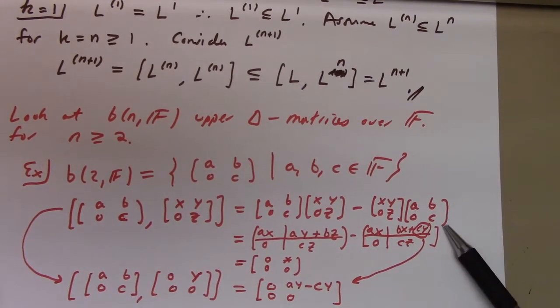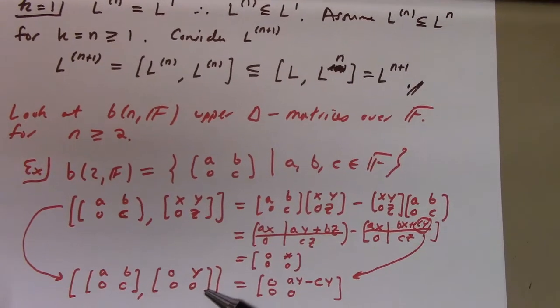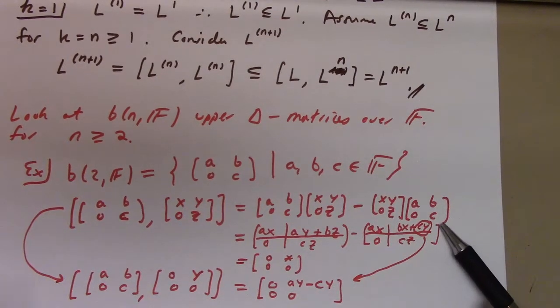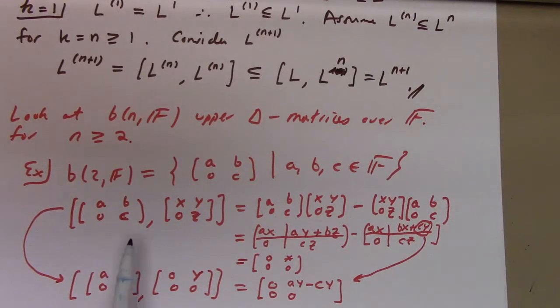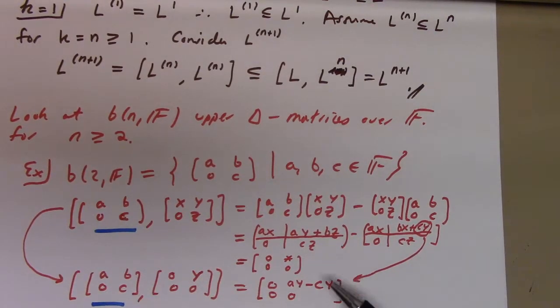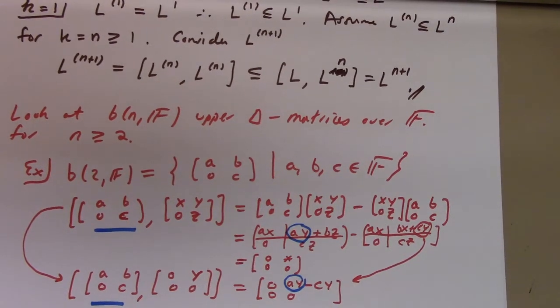If we compare these two, in this case C is 0. I've used ABC in the same way. Are you doing this matrix first or this one first? This one gives me the AY, and then the other one.